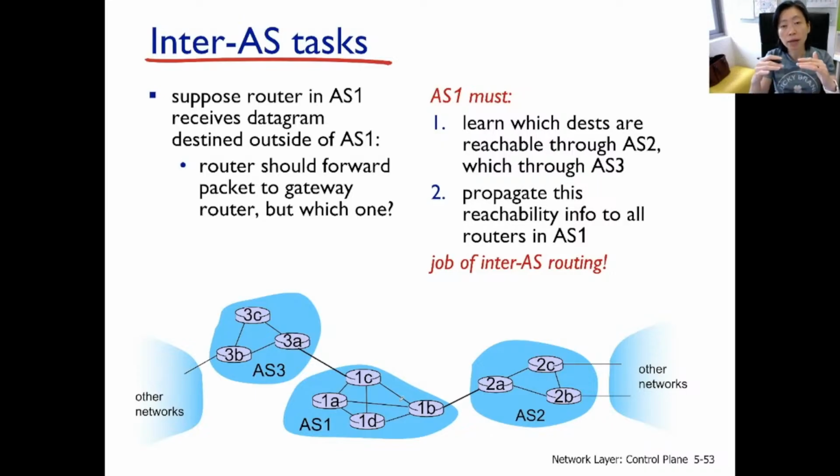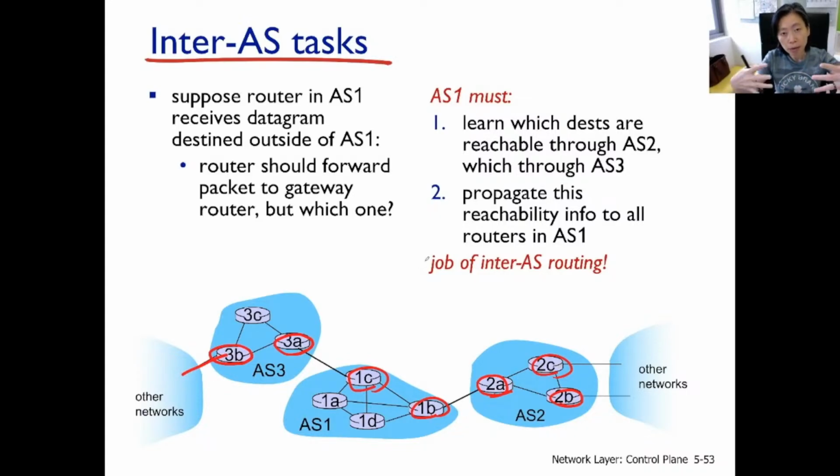Now, at a higher level, at the inter-AS routing level, we have these gateway routers. 1C and 1B are the gateway routers of AS1. 3A is obviously a gateway router for AS3. But you see here, 3B also has connectivity to outside, to another AS. 3B is also a gateway router for AS3. Similarly, 2A, 2B, 2C all have links to other ASs, so they are also gateway routers.